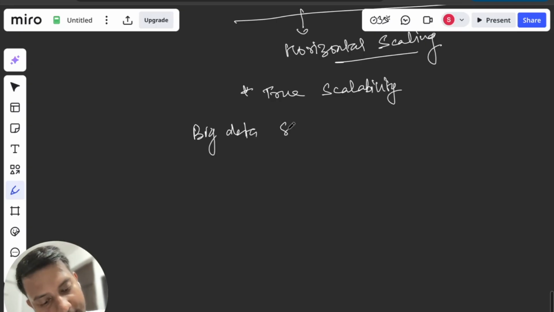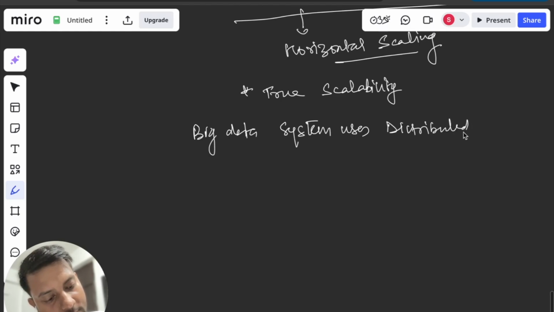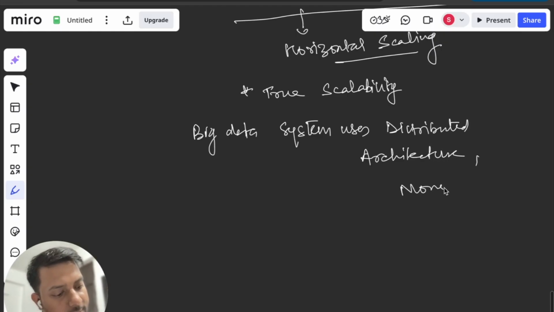That's why big data systems use distributed architecture, not monolithic.